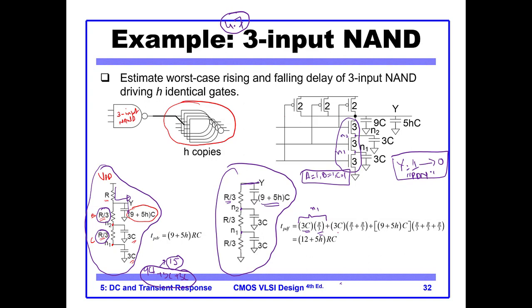On N2 node we have a capacitor of 3C into R by 3 plus R by 3. On the output Y we have a delay of (9 + 5H) into C into R by 3 plus R by 3 plus R by 3. Okay, so this is a classic example of Elmore delay.